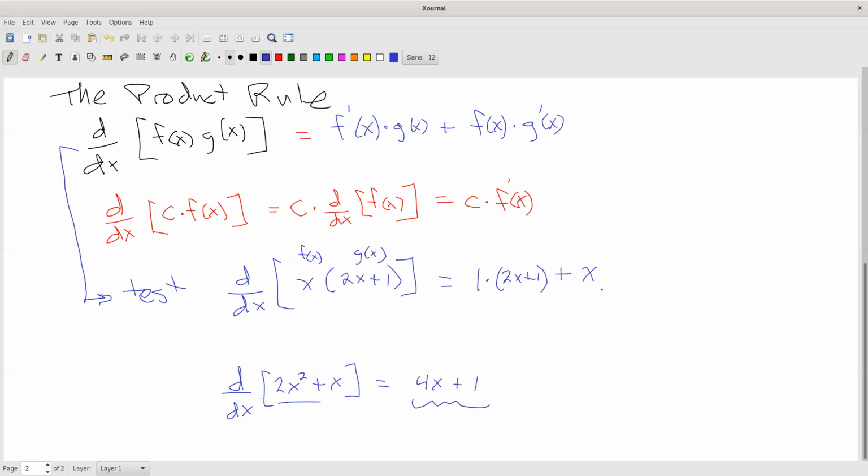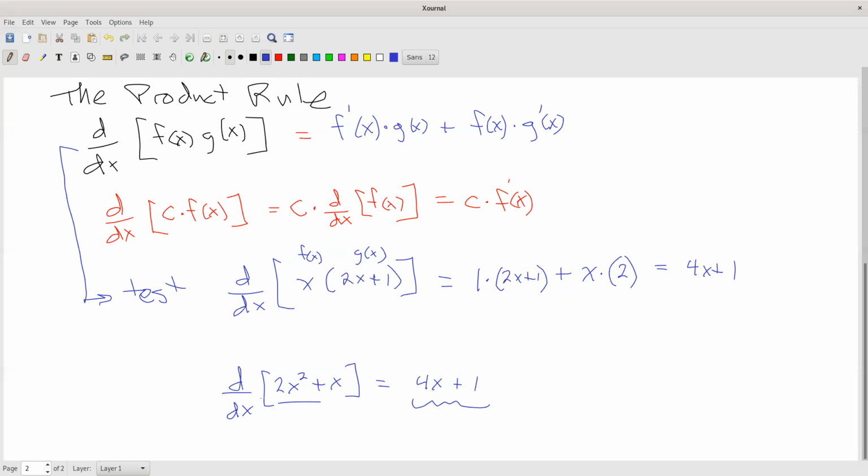So I don't mess with the x, I just leave it. And then multiply by the derivative of the second function. Well, 2x plus 1, its derivative is just 2. Another way to think about that is, what's the slope of the line 2x plus 1? Well, it's 2. So the slope is the derivative. And if I clean that up, I get 2x plus 1 plus 2x, which is 4x plus 1.